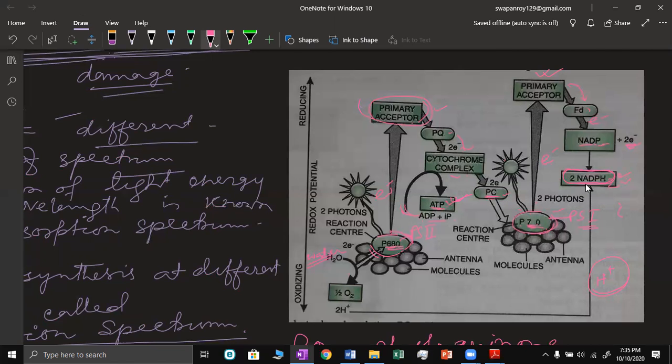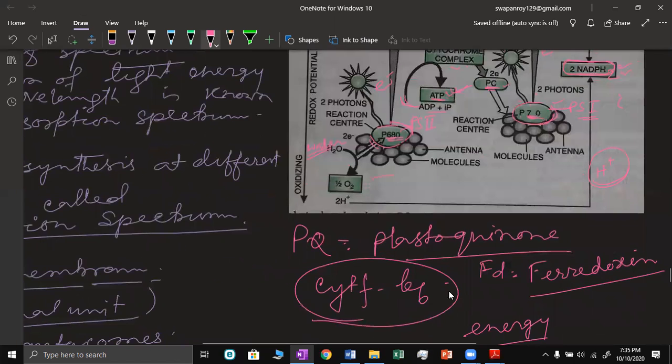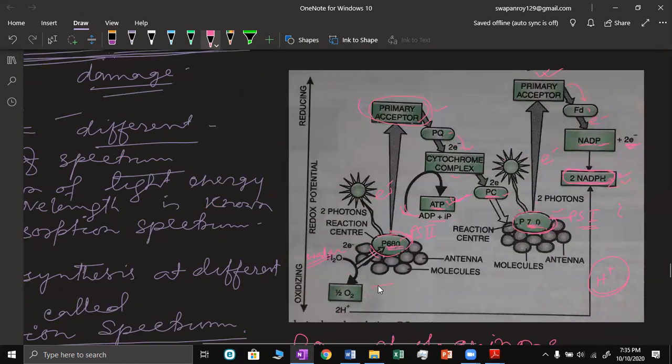This NADPH2 and ATP will be utilized in the dark reaction for the reduction of carbon dioxide into carbohydrate. Here, the electron originates from water and comes to pigment system 2.